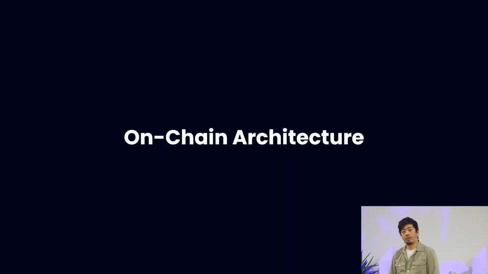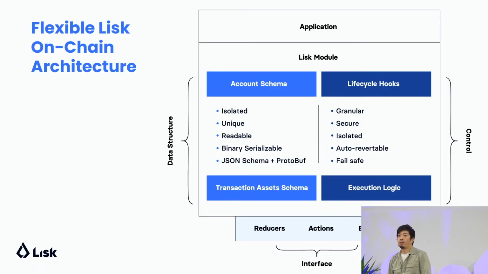Let's dive into the on-chain architecture. On-chain architecture, as I said, is handled in modules. Each module needs to define the data structure using the account schema, and also needs to add the logic using lifecycle hooks. In one module, it can have multiple transaction assets, and each asset also needs the structure to be defined, and also the execution logic.